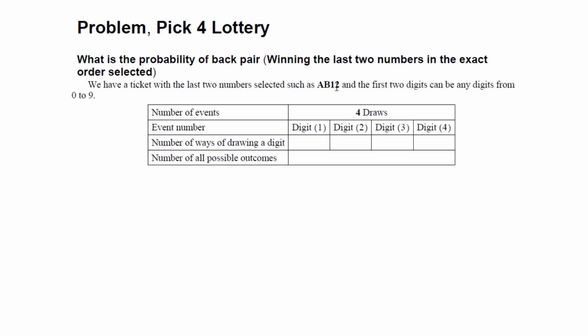So the last 2 digits are fixed, so they can be chosen only in one way, and the first 2 digits can be chosen in 10 ways each. In such case, we multiply all of them and we get 100 ways, so we have 100 winning tickets for the case of back pair play. And the probability is 100 divided by 10,000, which is 1 divided by 100. So our odds are 1 out of 100 trials.